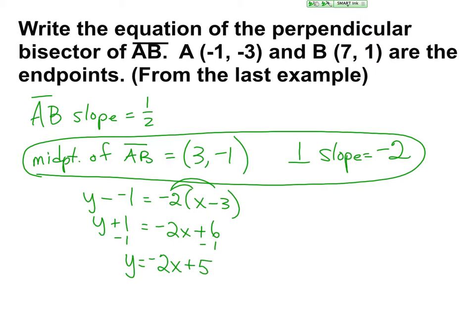Let's see if that makes sense over here. Plus 5, 1, 2, 3, 4, 5. Okay, so it goes through there, but it has a slope that's down 2 over 1, down 2 over 1, down 2 over 1. What did we say that point was going to be? Midpoint, 3, -1. So here's my perpendicular bisector to go through that segment.